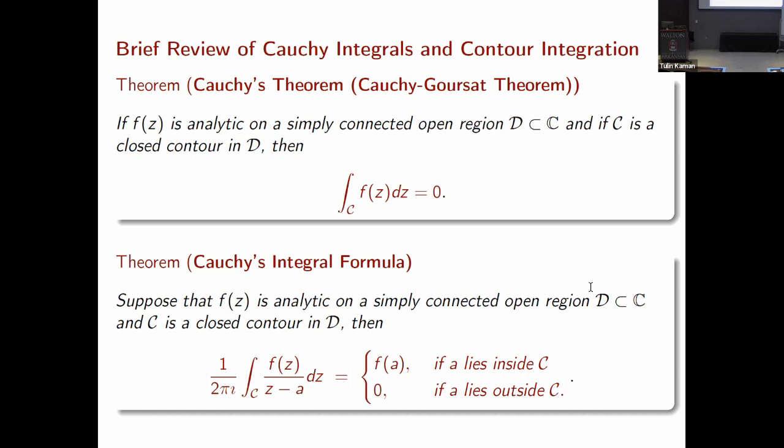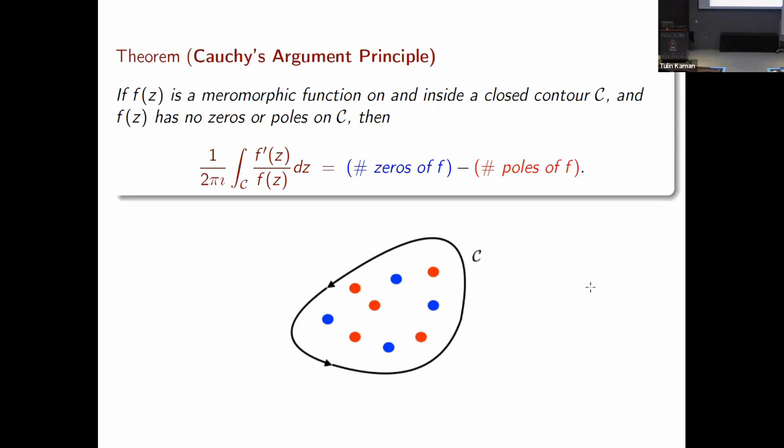in the complex plane. Okay, and then we have another useful variant, the Cauchy argument principle. So if you have a meromorphic function, with similar assumptions as before, and we look at this contour integral, where we have the derivative of f of z divided by f of z, we calculate this quantity, then we know that this will correspond to the number of zeros of function f minus the number of poles that the function has.